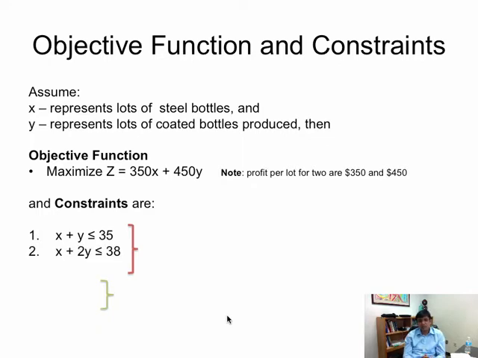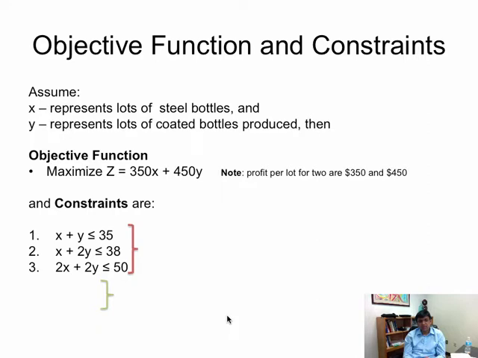However, for plant 2, X takes 1 hour per lot, while Y needs 2 hours per lot. So X plus 2Y should be less than or equal to 38 hours of the total available time.